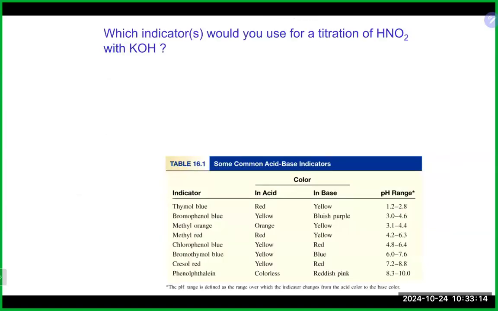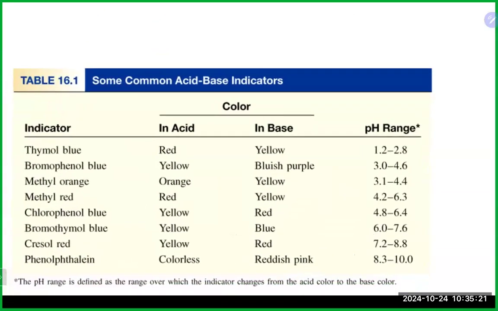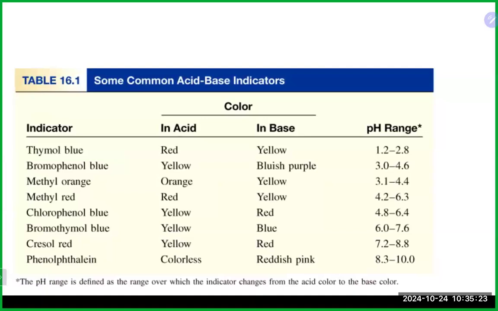All right. So for this titration here, a little nitrous acid, a little potassium hydroxide. From our list here, which ones would be good indicators to use, perhaps? Take a look. So first off, just take a look at the little table here. Again, these are some different acid-base indicators. And as I mentioned, they usually have a specific color when they're in the acidic range, and as they get closer to the basic range, that's the color they change to.